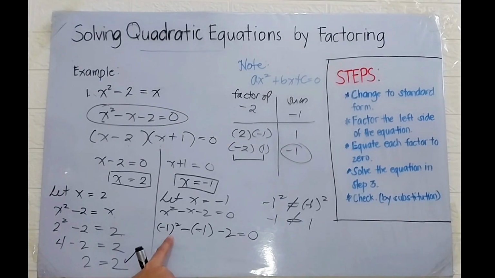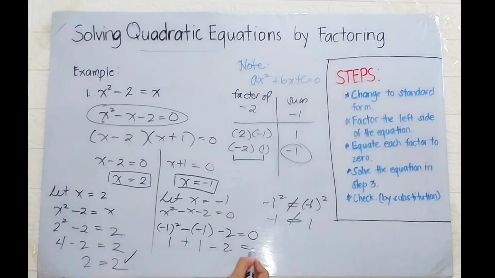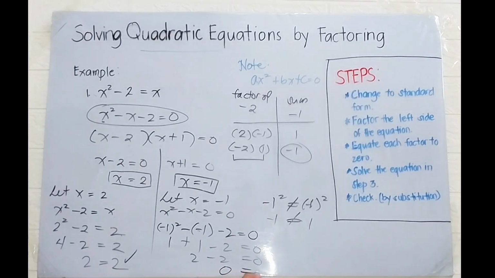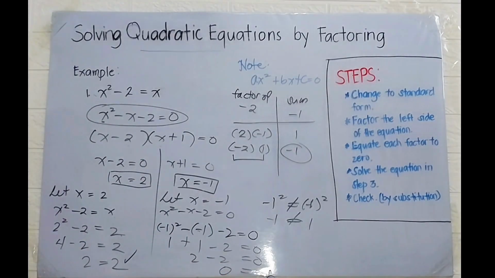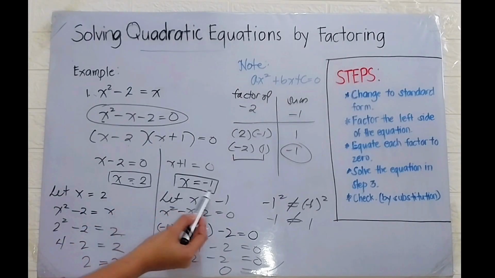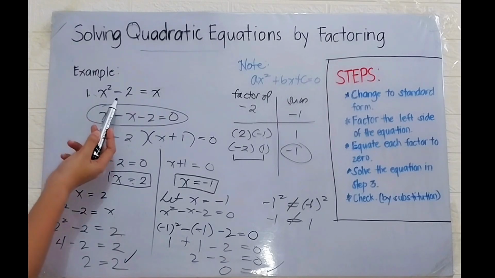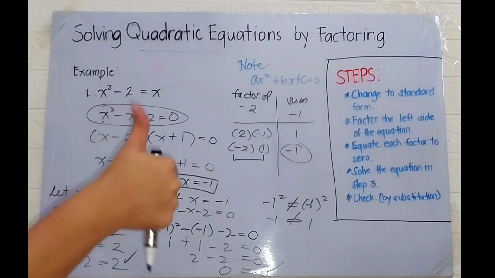Negative 1 squared with parentheses is positive 1, okay? And then negative times a negative is positive 1. Minus 2 is equal to 0. 1 plus 1, 2. Minus 2 is equal to 0. 2 minus 2, 0 is equal to 0. Is 0 equal to 0? Check. So therefore, our values of x, which are 2 and negative 1, are correct or true to our given equation, x squared minus 2 is equal to x.